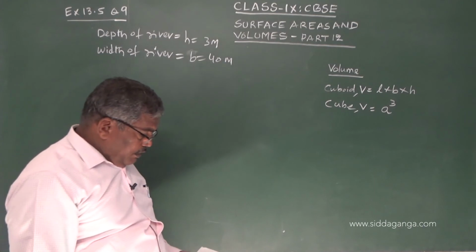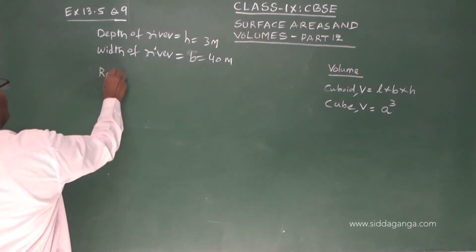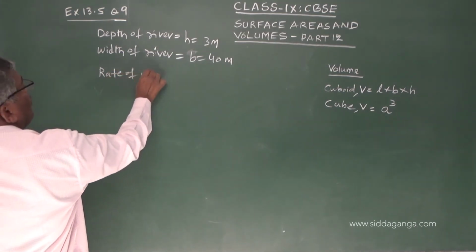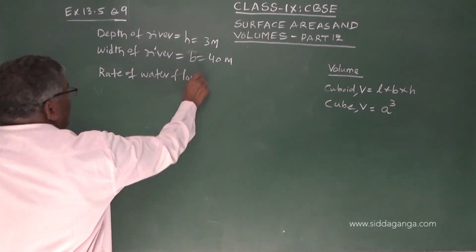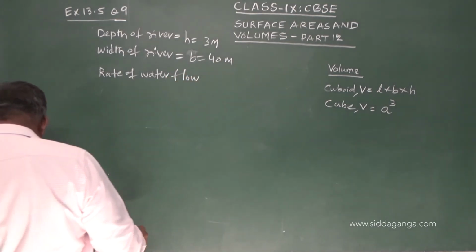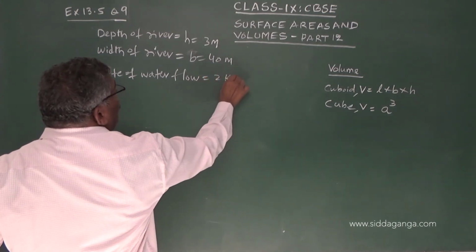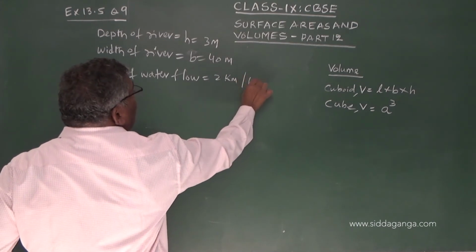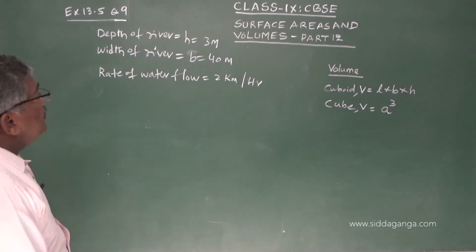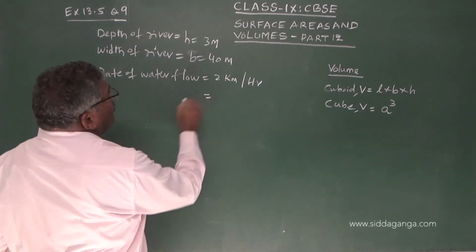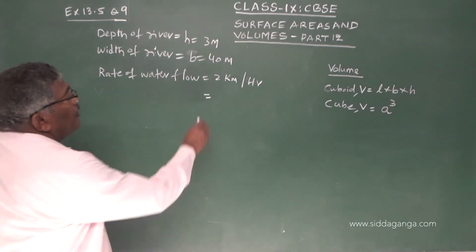So therefore, rate of water flow is given, equals 2 kilometer per hour. If it is 2 kilometer per hour, 1 kilometer is 1000 meters.